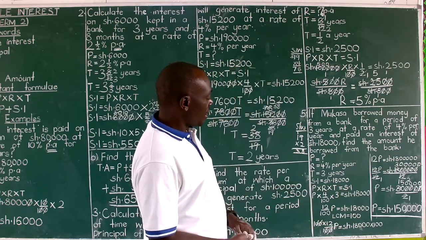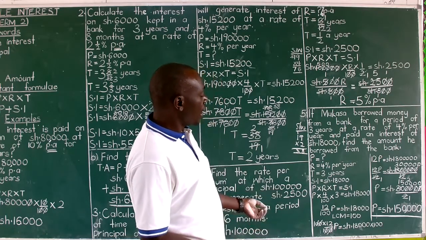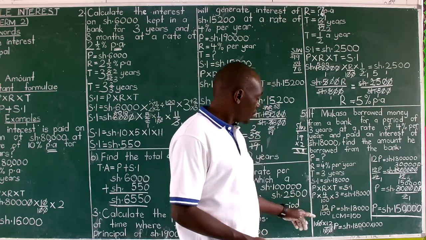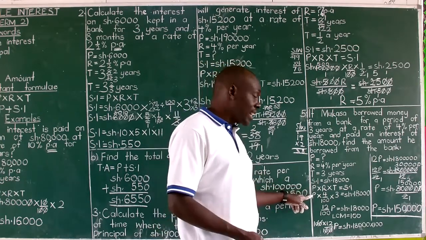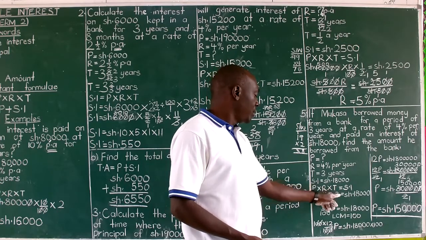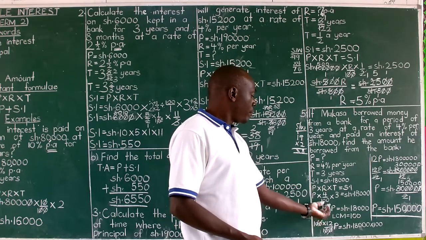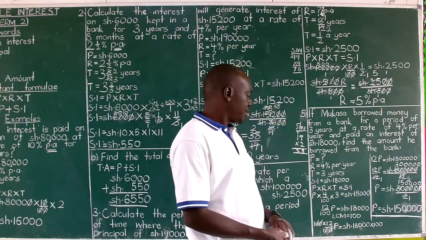That is substitution. We could cancel, but I chose not to. So we just multiply: P times 4 is 4P, 4P times 3 gets 12P. So I've got 12P out of 100 equals 18,000 shillings.